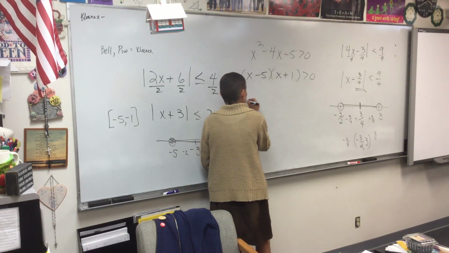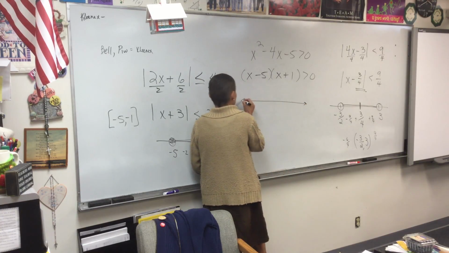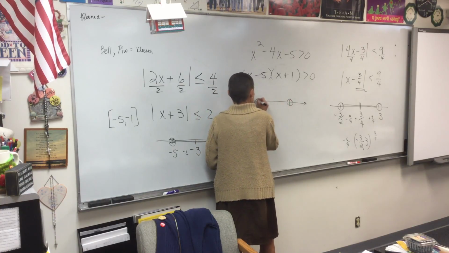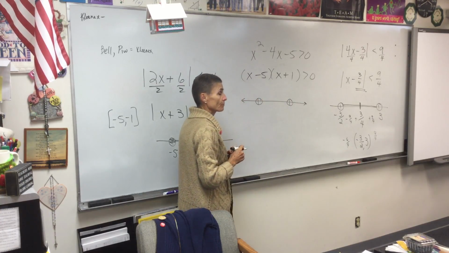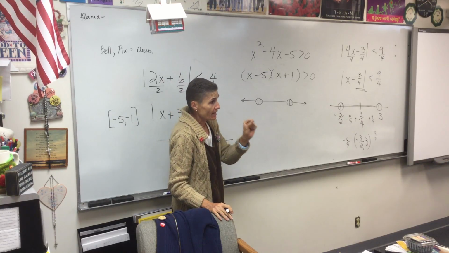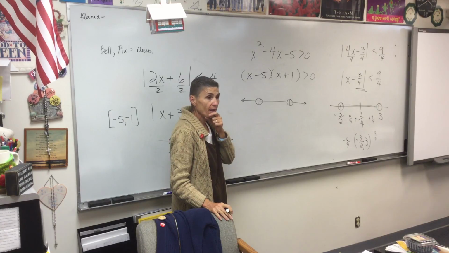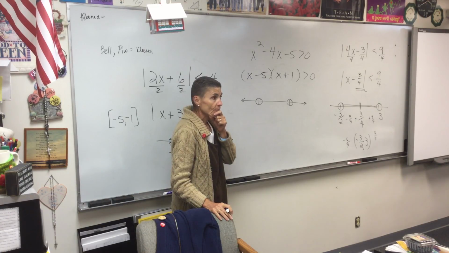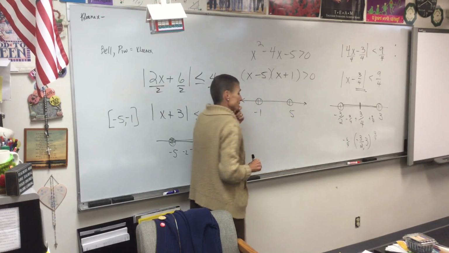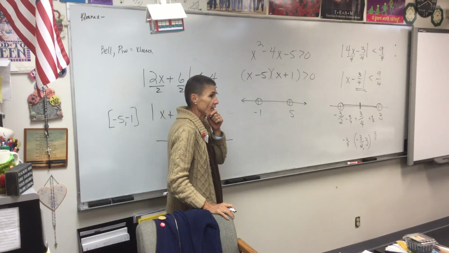So now I'm gonna draw my number line. And just like before, I'm going to put 2 dots on that number line. Take a wild guess where I'm gonna put those dots. At 5 and -1. If you said that, you are right on target.